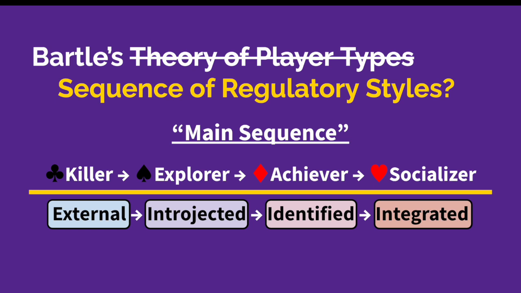And then they arrive at interestingly different places, where Yee has recreated a version of the core needs aspect of self-determination theory, and Bartle has reverse engineered what I believe is a version of regulatory styles and a better description of different qualities of individual behavior in a given context.